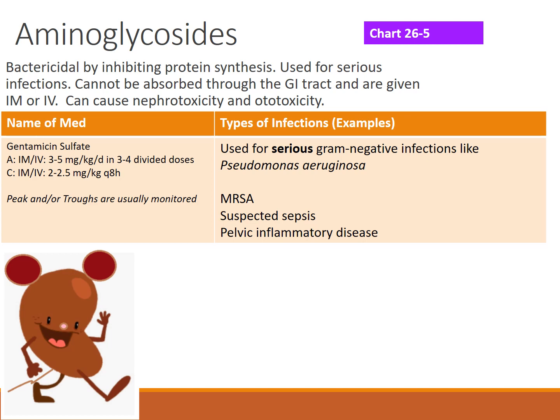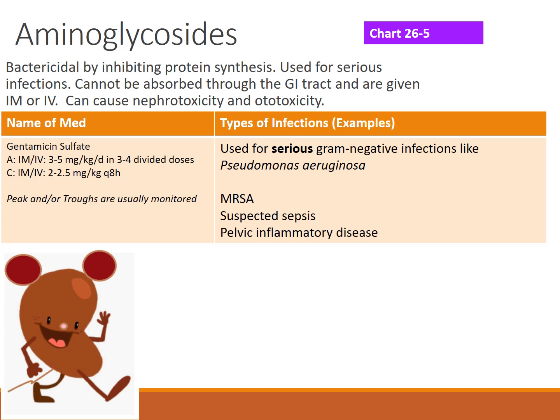Okay, so gentamicin sulfate, see my little guy at the bottom, he's supposed to be my mycin mouse, and he's shaped like a kidney with big ears, to remind you that they are nephrotoxic and ototoxic, meaning use of gentamicin in neonates can cause deafness. And they can cause serious kidney failure. You can't take these by pill. Remember that, IM or IV.